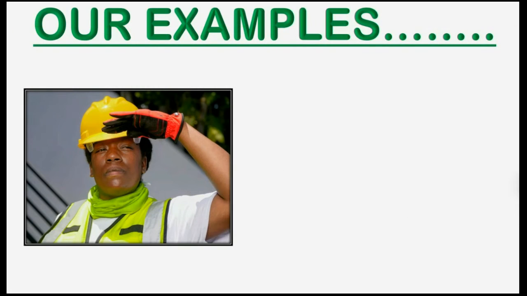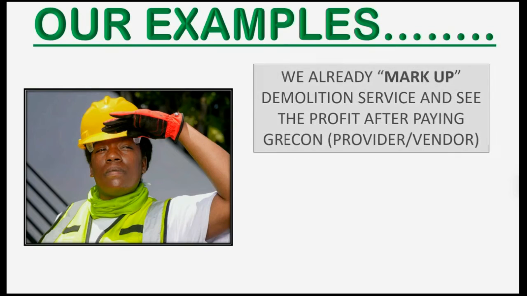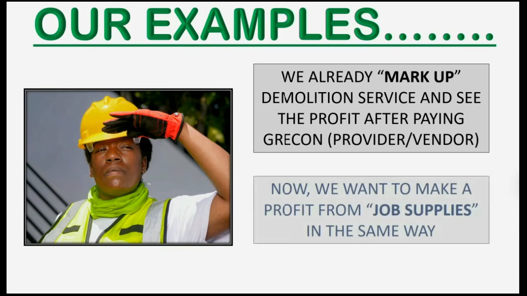So, here are our first examples. We know that we already mark up demolition service, and we saw a profit between demolition income and demolition expense, and we saw that in our last video when that was the only income account for billable income.